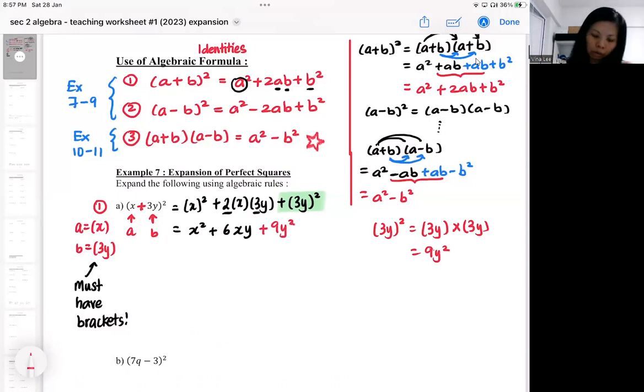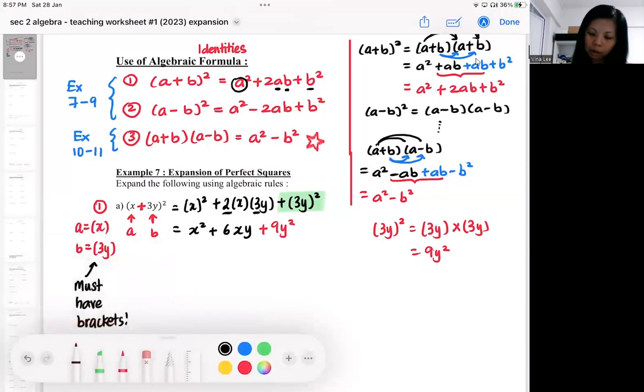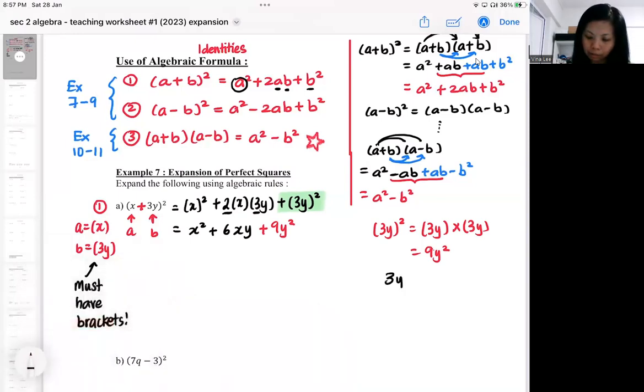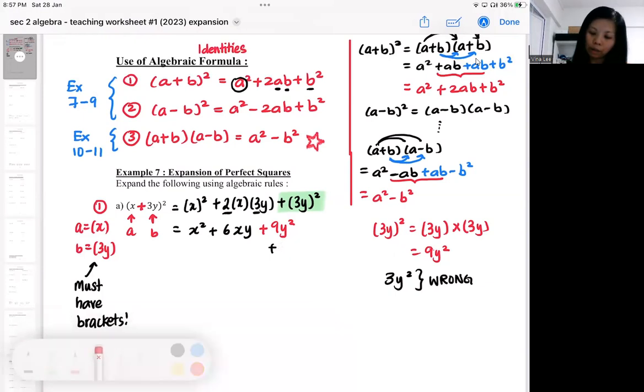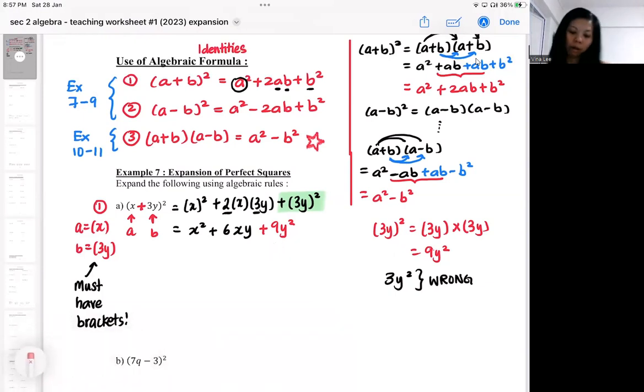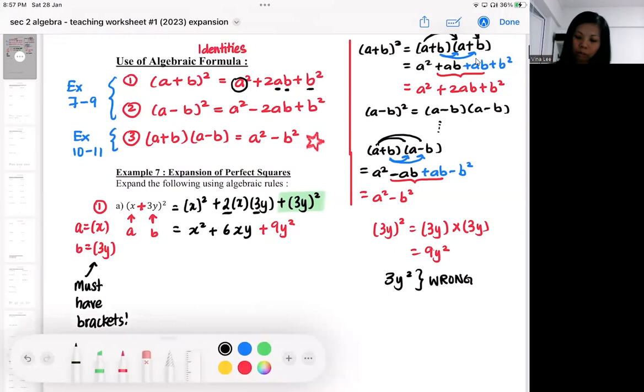A lot of people, if they forget the bracket, will give me 3y squared instead of 9y squared. So please take note, don't make this mistake.